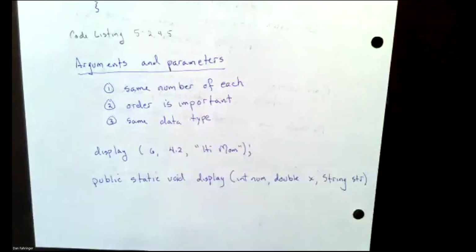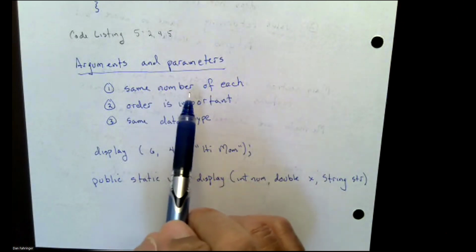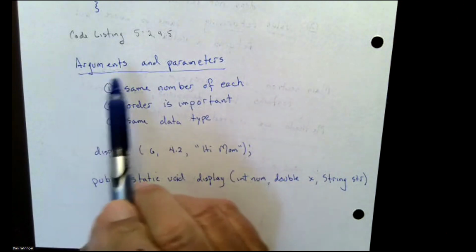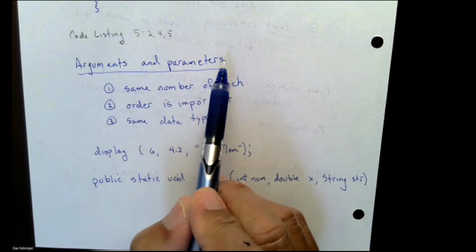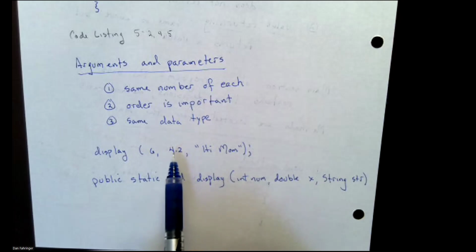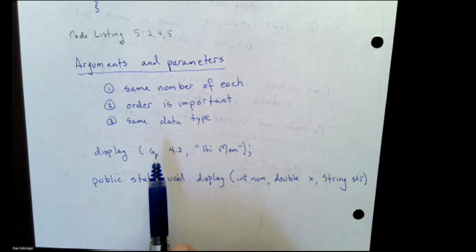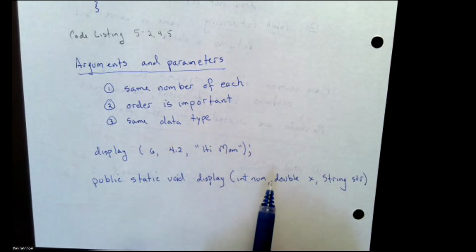Let's talk about arguments and parameters. For what we're doing, you have to have the same number of arguments and parameters. Each argument, like 6, like 4.2, like hi mom, means there better be 3 of them, 3 parameters in my method heading.